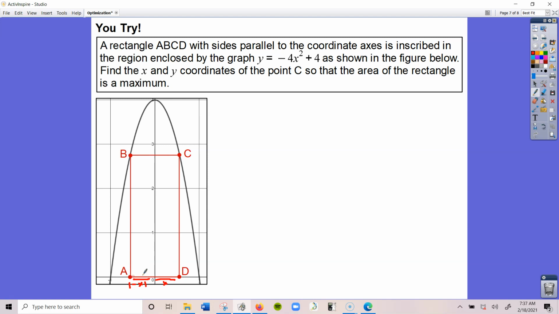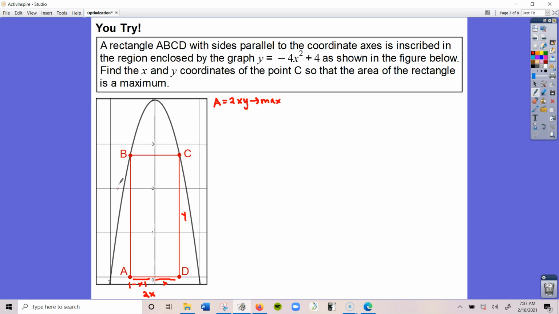So for the base of this rectangle, we would call that 2x, since we have this x plus this x value. And then the height would be the y. So A, the area, is going to equal 2xy, and this is what I want to maximize.